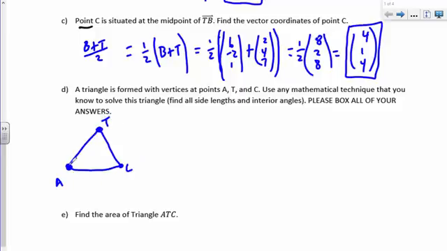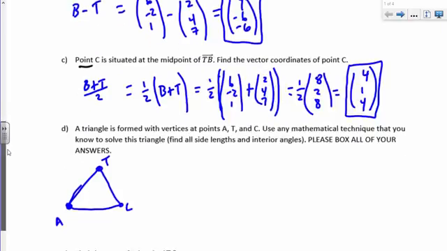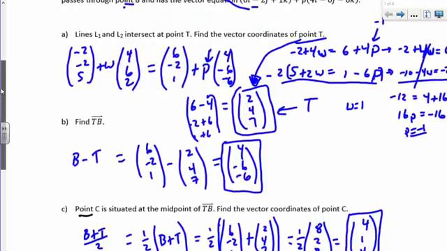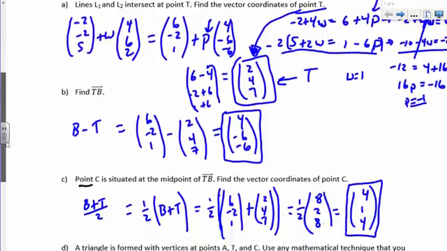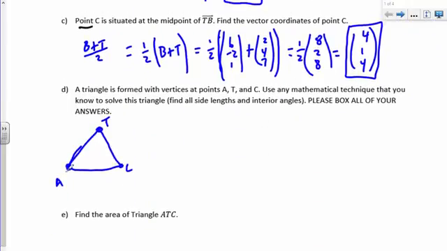So what I have here is, actually, do I know a vector already? Yes, I do. Use something we already know, like TB. Well, we don't have TB, do we? So imagine I have a vector leaving A, and that's going to be the vector AT. And then I have another vector leaving A, and this will be AC.